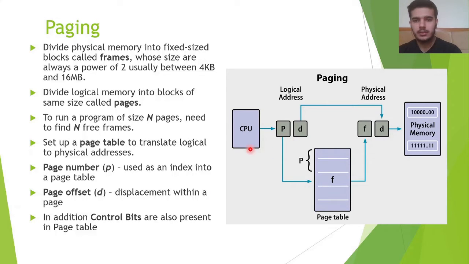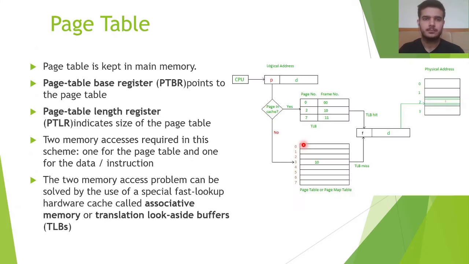This is how the mapping is done from logical to physical address. We take the page number p, go to the pth entry of the page table and get the corresponding address, and then we add the offset to it to get the physical address.